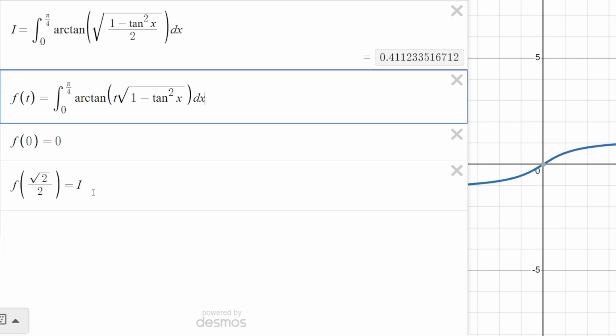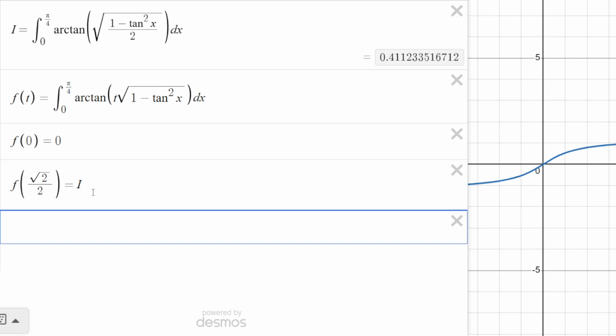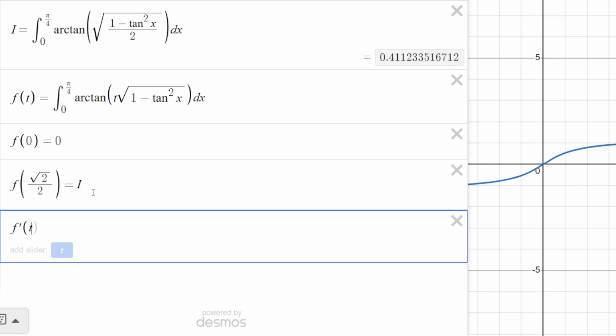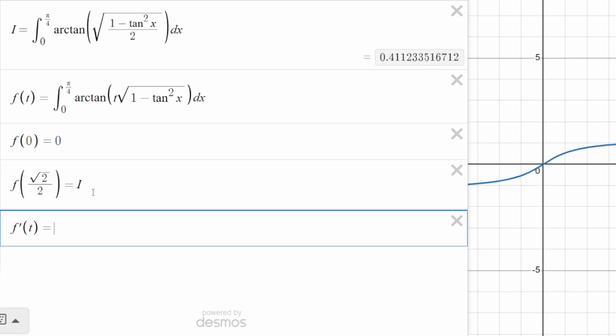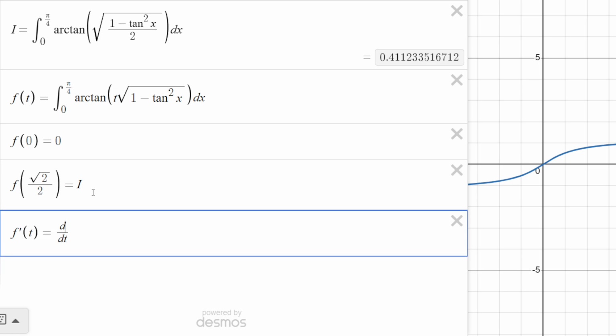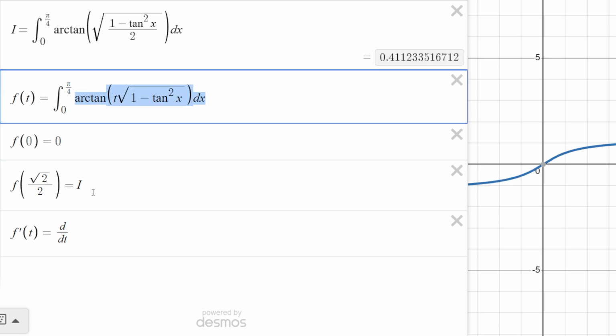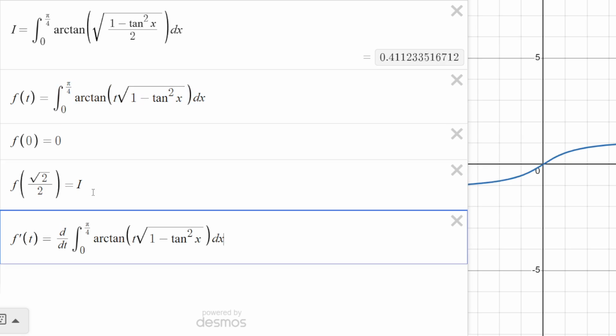All right, so now what we're going to do is take f prime of t. That is going to be equal to the derivative with respect to t of this. And using the Leibniz rule for differentiation under the integral sign, we can bring that derivative directly inside as a partial derivative. Now, there's no way to write partial derivative in Desmos, so just know that this is a partial derivative with respect to t.